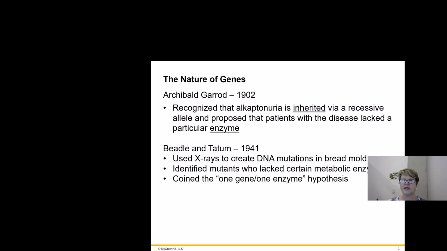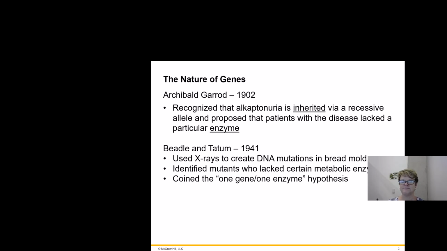So he recognized that there was a disease called alkaptonuria. It is inherited, and it is carried on an allele that is actually recessive. So the normal allele, no disease, for alkaptonuria is a dominant allele. Most of us have that one. But if you have two recessive alleles for this particular gene, then you will have this disease called alkaptonuria. And the interesting phenotype or symptom of this disease is black urine.